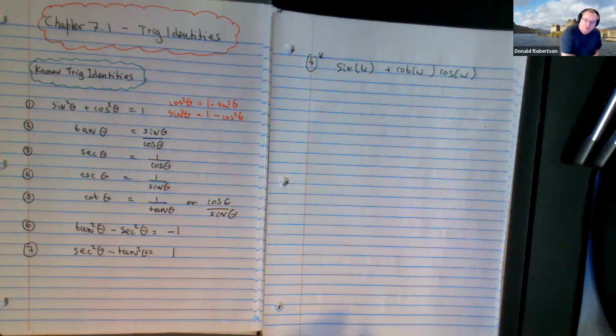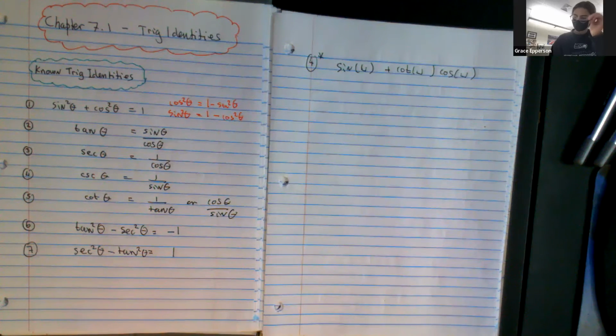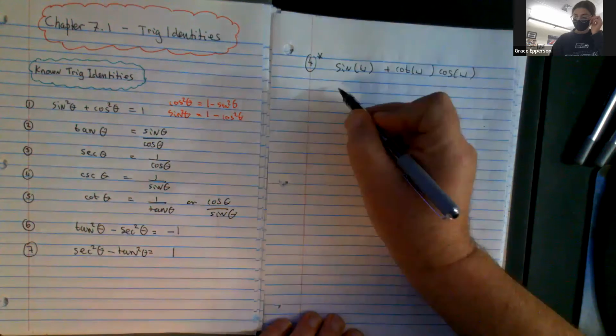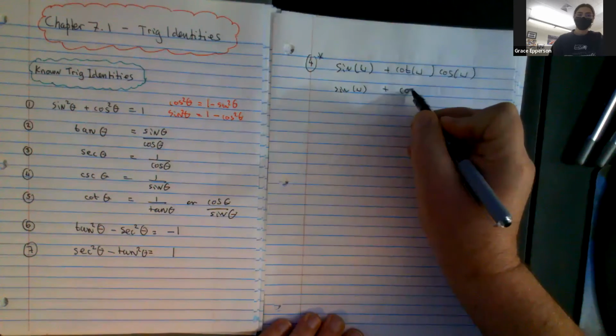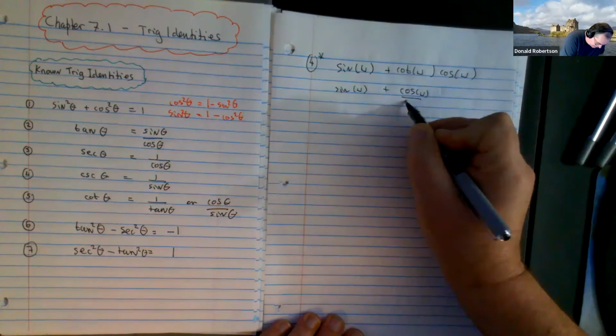What would be a good move just to get the ball rolling? Could we turn the cotangent into cosine over sine? Yes.